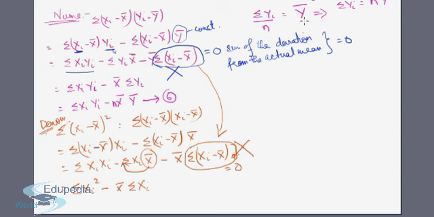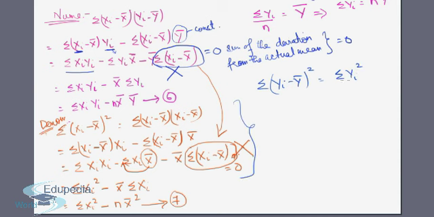Okay, now using the same logic here for x, I can write it further as summation xi square minus n times x bar square. Let me call this equation number 7, and working in the same way for the second part of the denominator, which we have as summation yi minus y bar square, I'll get summation yi square minus n times y bar square, and let me call this equation number 8.